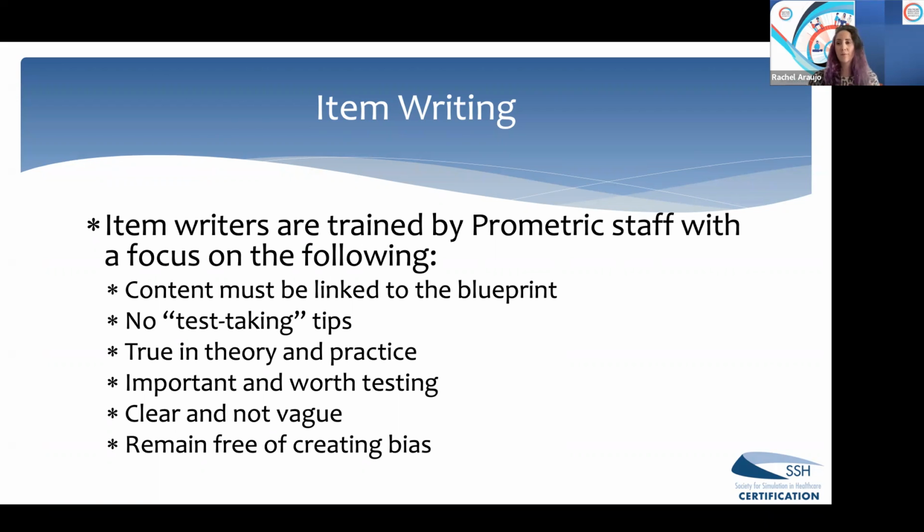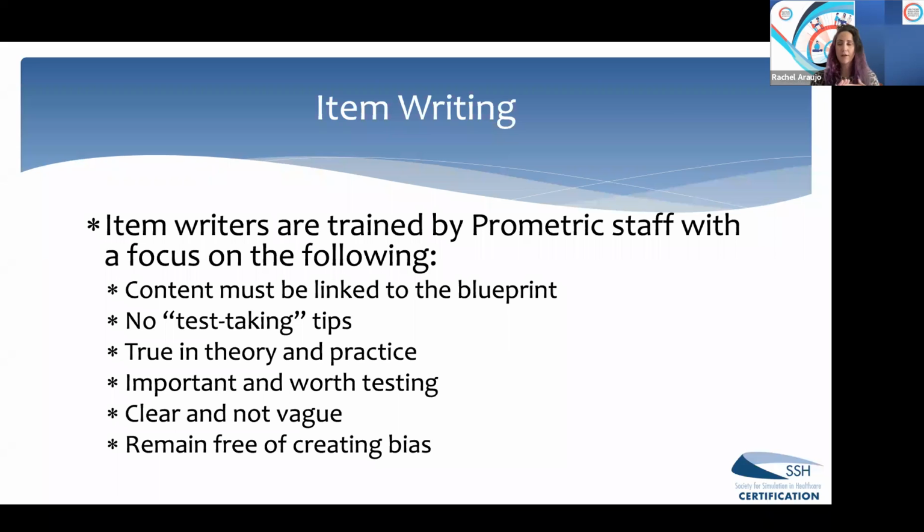And the next is we want to remain free of creating any potential bias. So we do that by always mentioning the position or the title instead of a person. So instead of saying a name, we always say, the simulation educator or the learner. So no names, only titles.